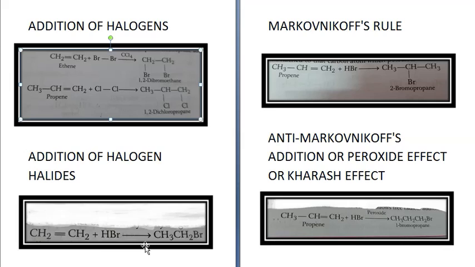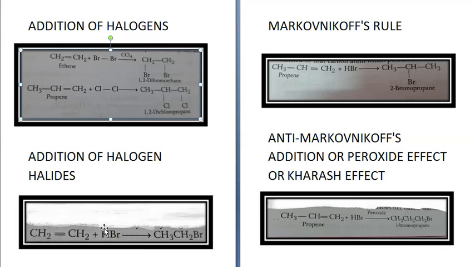Now the addition of hydrogen halides to alkenes follows Markovnikov's rule. Now what is Markovnikov's rule? It says that addition of HBr or H2O to unsymmetrical alkenes takes place in such a way that the negative part of the adding molecule gets attached to that carbon which has the lesser number of hydrogen atoms.